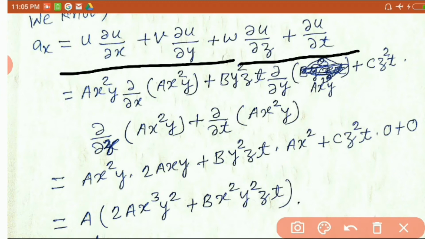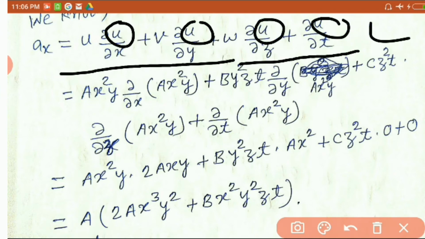If we want the value of a_x, we will calculate the values of u, v, w. So here we want to differentiate u with respect to x, u with respect to y, u with respect to z, and u with respect to t. So in place of u we will take a x² y, in place of v we will take b y² z t, and in place of w we take c z t².